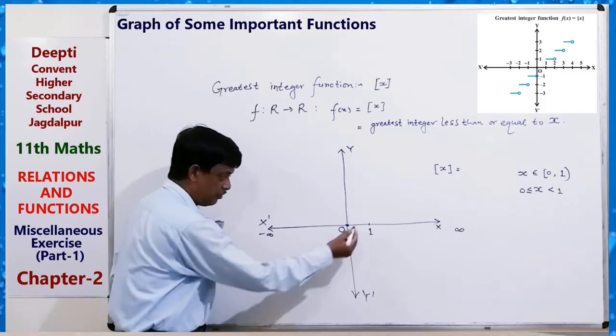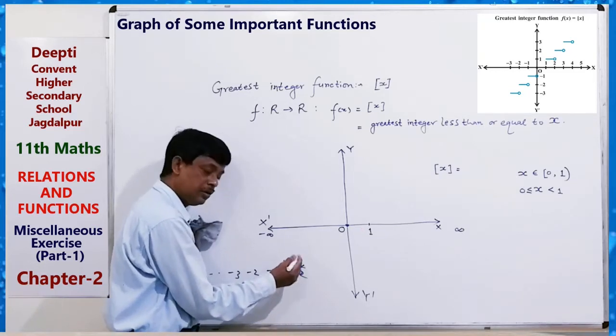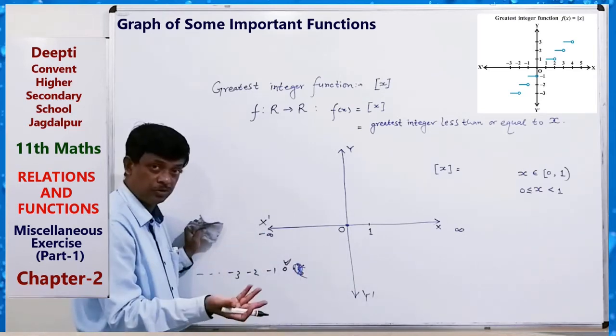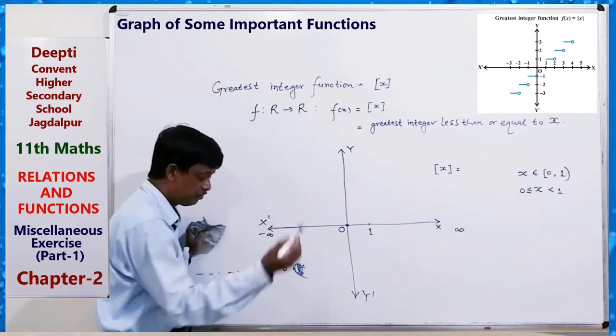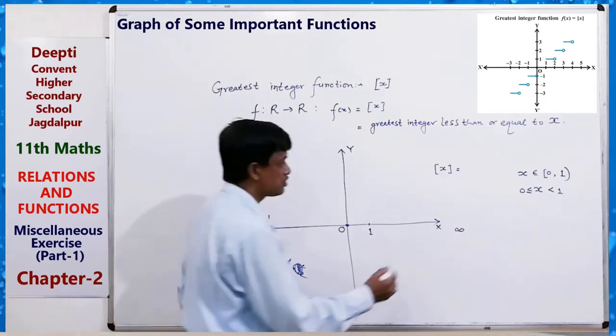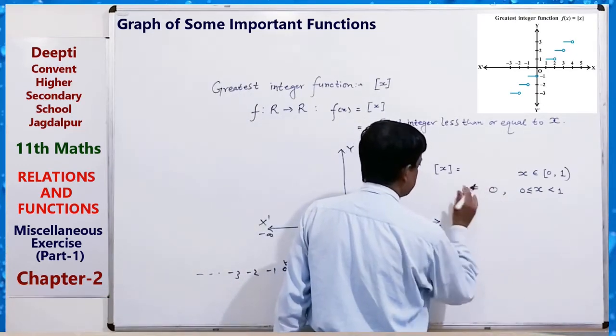So if 0.5 then 0, if 0.6 then 0, if 0.23 then 0, if 0 then also 0. So in this interval the value is 0. Clear?